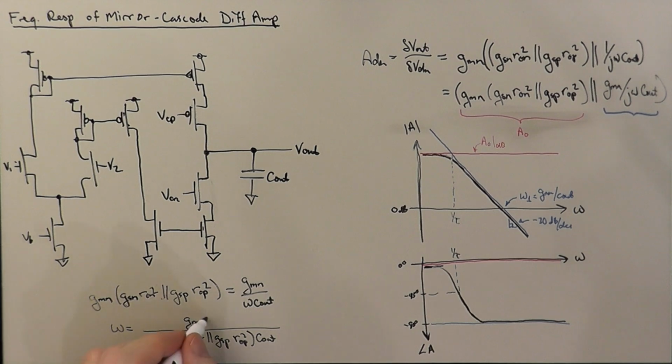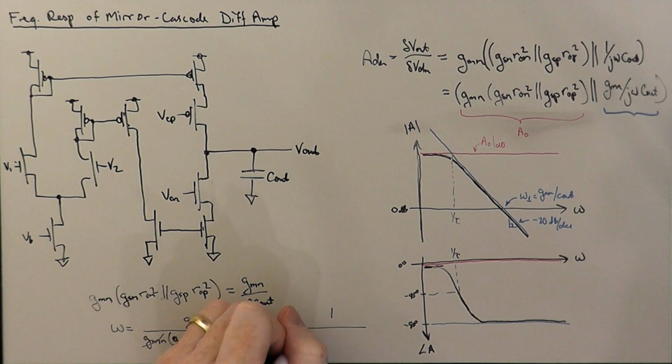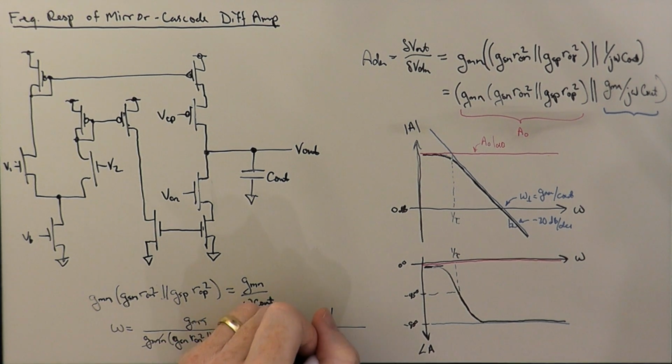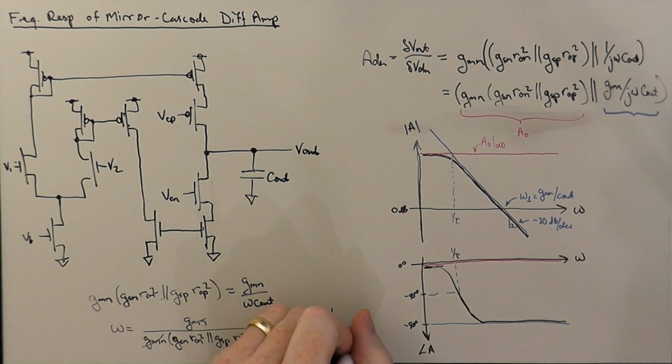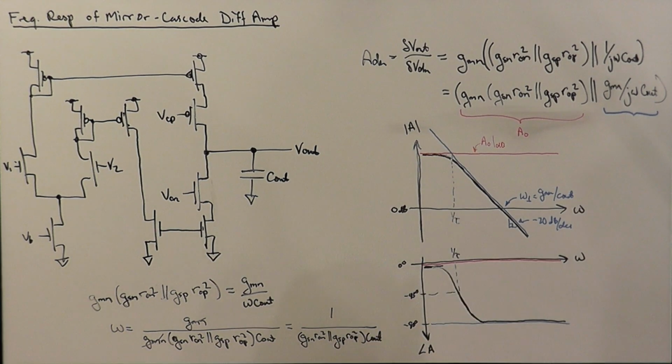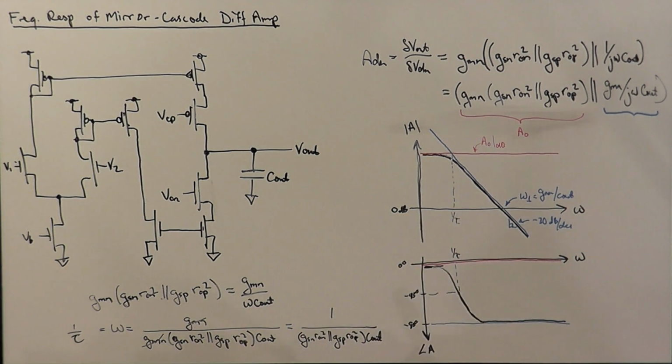And the GMNs cancel, and we're left with 1 over GSN RON squared parallel GSP ROP squared C out as 1 over tau, as we've drawn 1 over tau here in this diagram here.